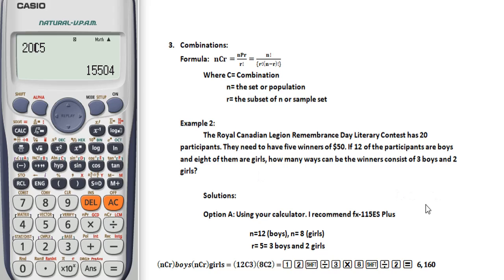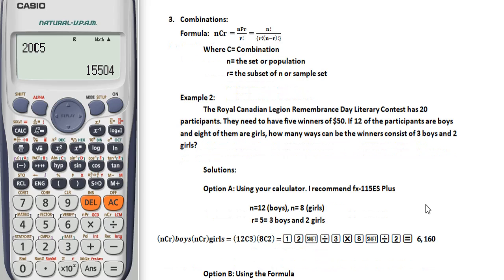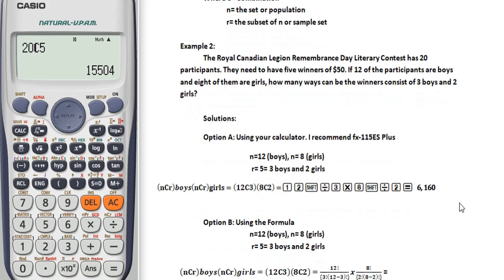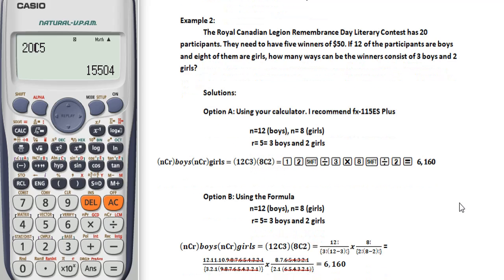So for our solution, option A, using our calculator, we determine the given. n is 12 for boys, the other is 8 for girls, and for our r it's 3 for boys and 2 for girls, because it says if 12 of the participants are boys and 8 of them are girls, how many ways can the winners consist of 3 boys and 2 girls?